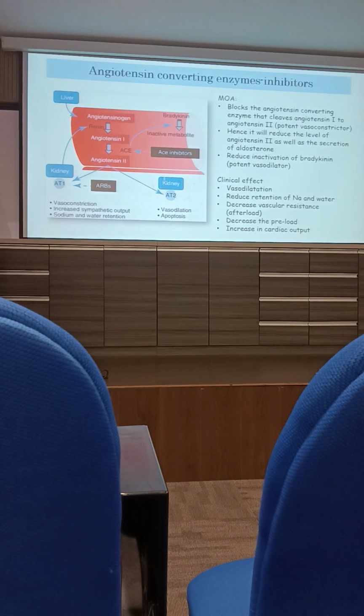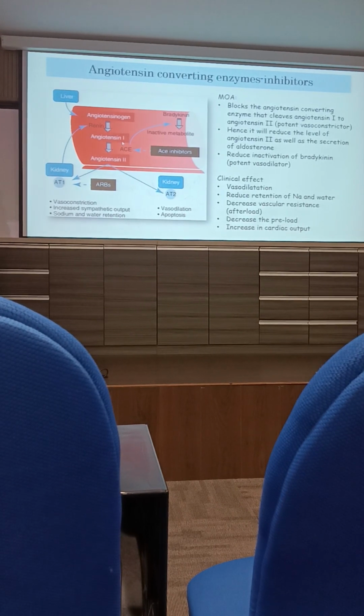So ACE inhibitor, as the name implies, angiotensin converting enzyme inhibitor, will inhibit the ACE enzyme, which changes angiotensin 1 to angiotensin 2. So angiotensin 2 is not being produced when you give the drug. When angiotensin 2 is not being produced, instead of having vasoconstriction, the patient will have vasodilatation.